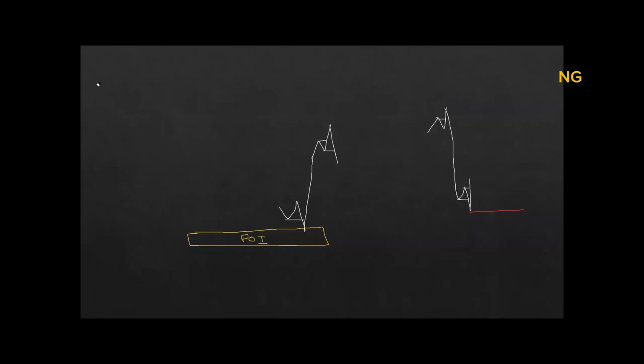Because it's weak, that's our target. However, even though it's a weak high in this range, it is also an obstacle. And for those that don't know what an obstacle is, it is something in the way of the overall direction or move.